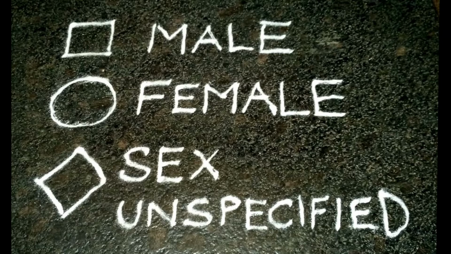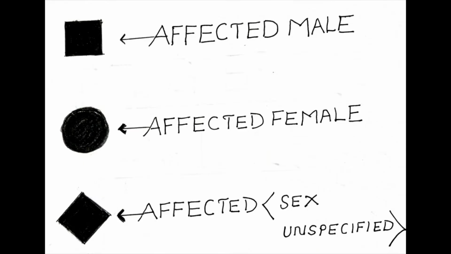So remember, square is male, round is female. Shaded square is affected male, shaded round is affected female, and shaded rhombus is affected with sex unspecified.